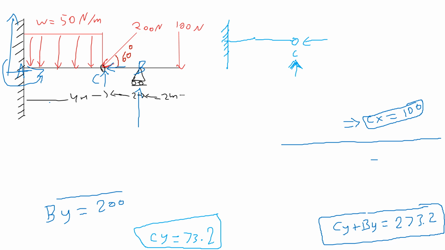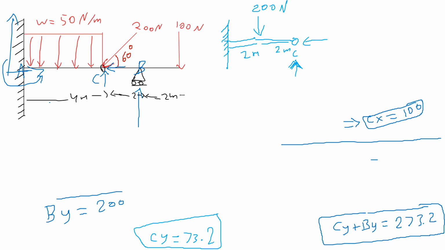So here in the middle, we're going to have a concentrated force, which is 50 multiplied by 4, which is 200 Newton. And this distance is going to be 2, and this distance is going to be 2 meters because the 4 was divided by 2.